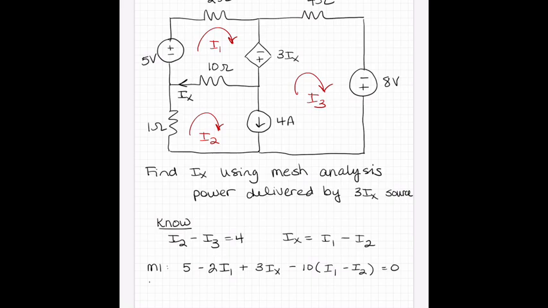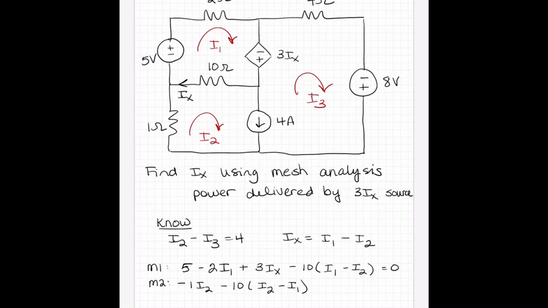All right, the mesh 2 equation. Starting with the 1 ohm resistor, I'm going to subtract 1 times I2, it's on the outside of the mesh, coming around, minus 10 times I2 minus I1.